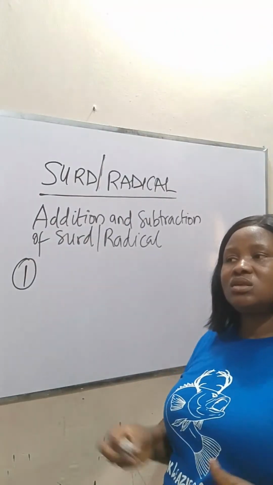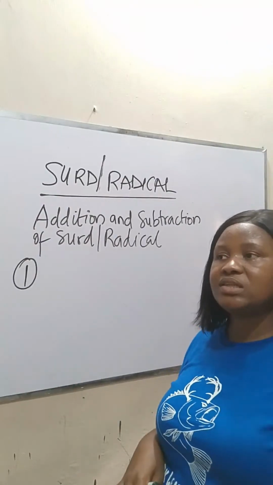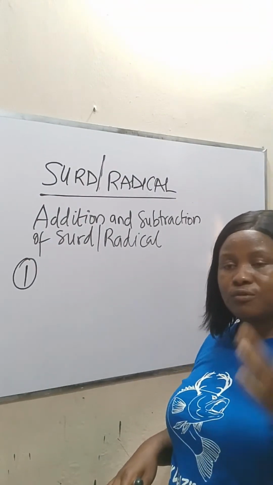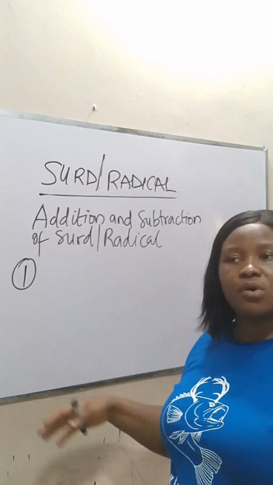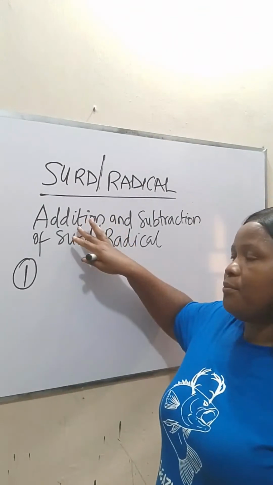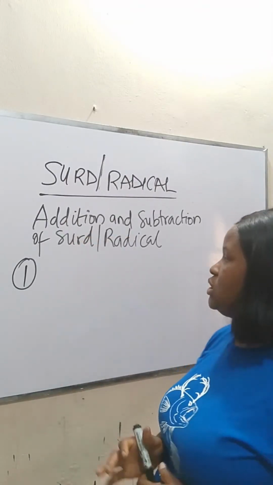The only thing you have to bear in mind in the process of adding and subtracting sword is that if you're given a sword in a single form, you're first of all going to convert it to a simpler form before you can now do the addition or subtraction on the given swords. All right.